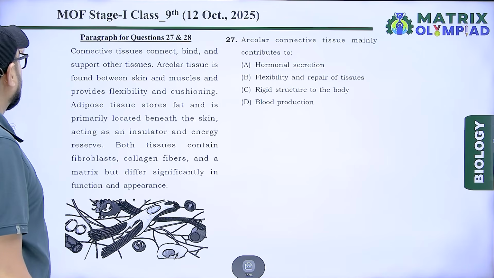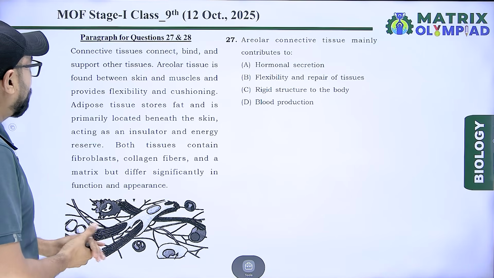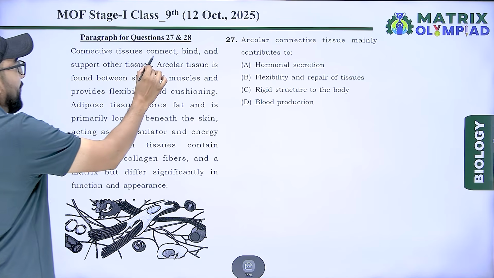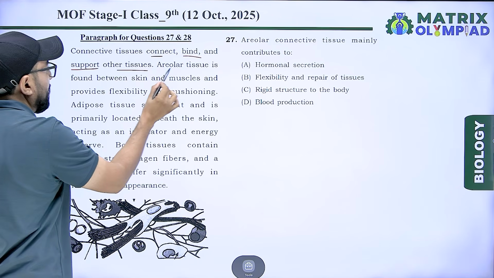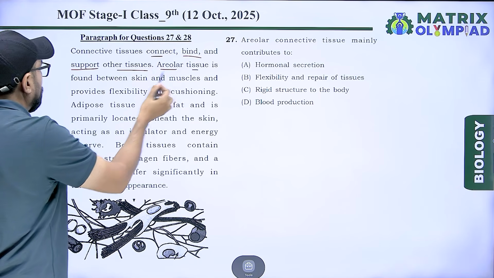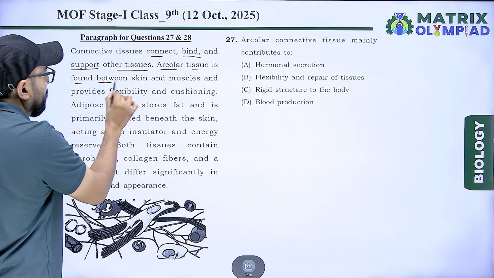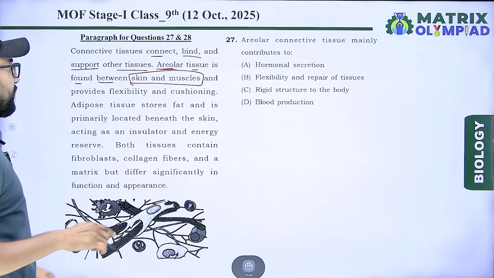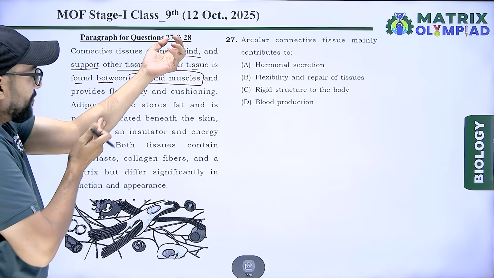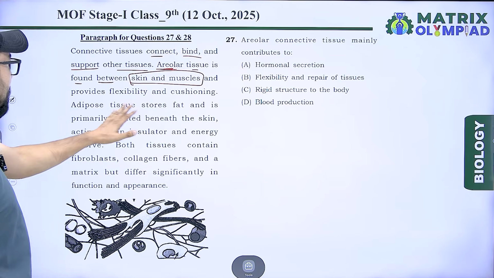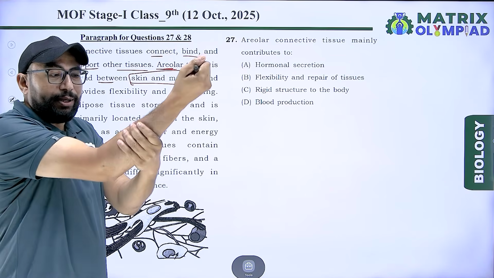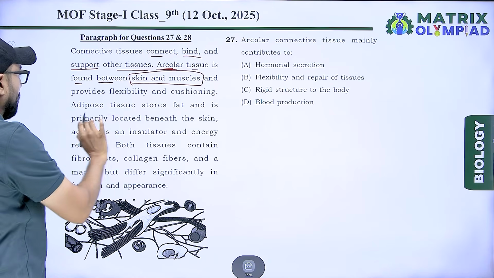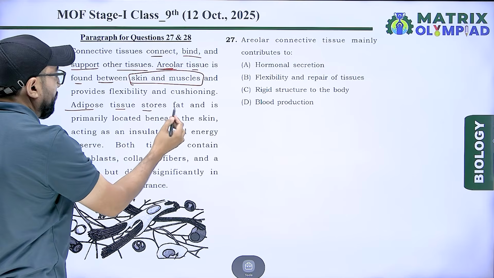Next, a paragraph based question on connective tissue. Connective tissue connects, binds and supports other tissue. Areolar tissue is found between skin and muscle and provides flexibility and cushioning. Adipose tissue stores fat. Adipose means fat.